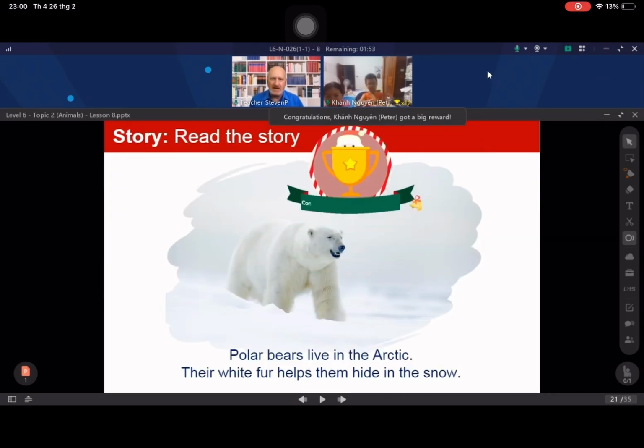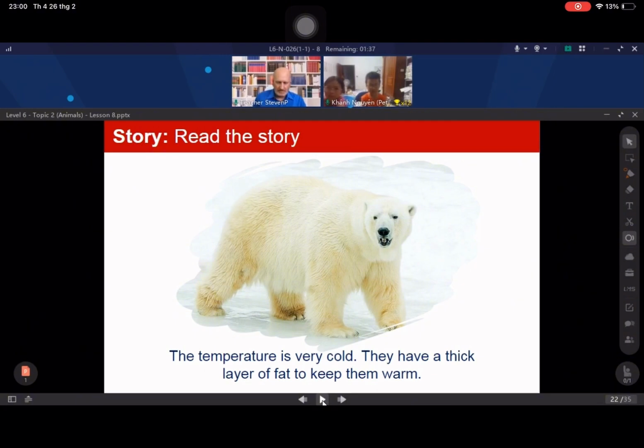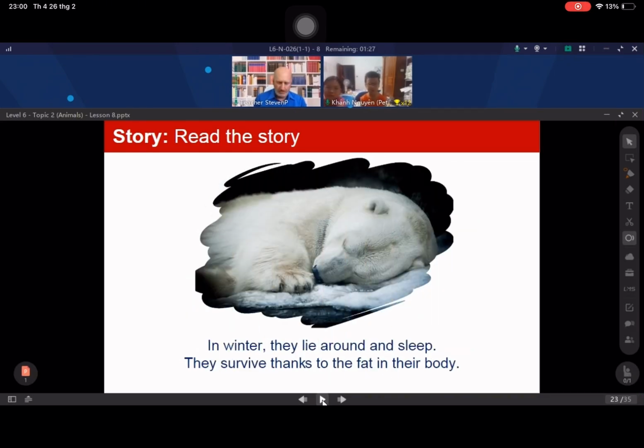Okay, let's go, Peter. Polar bears live in the Arctic. Their white fur helps them live in snow. The temperature is very cold. They have a thick layer of fat to keep them warm.